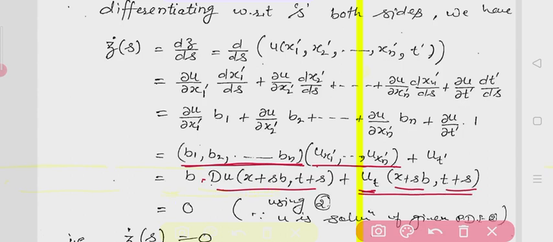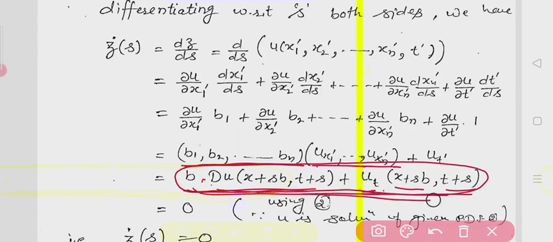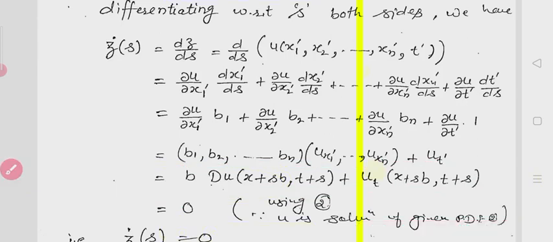So that means this is ut plus b into Du, but we say that u is a solution of ut plus b Du equals 0. If u is a solution of this, this will be equal to 0. That means z dot s will be equal to 0. If z dot s is equal to 0, integrating both sides, we say that z of s will be constant, okay?